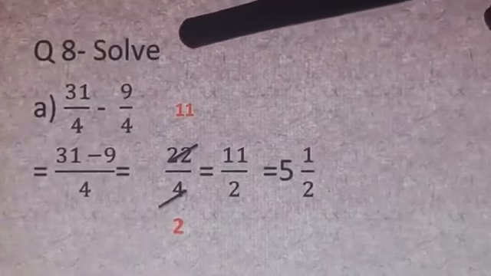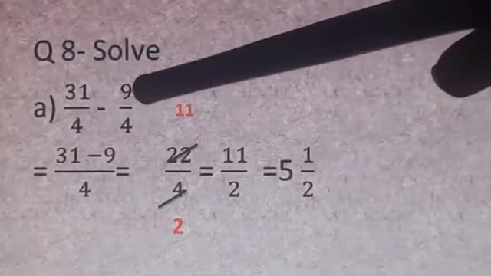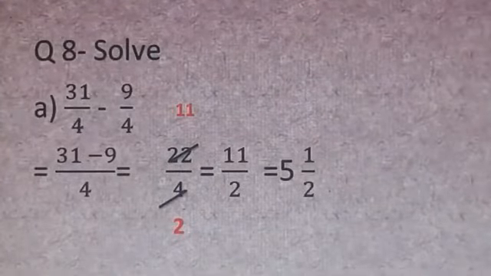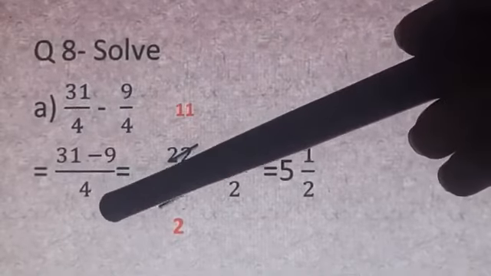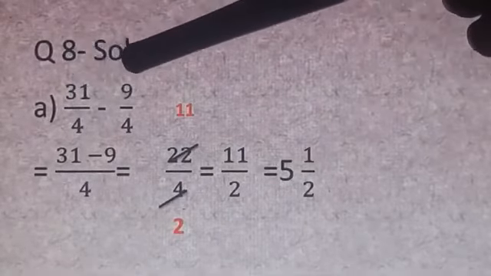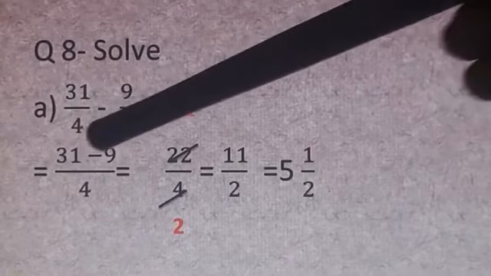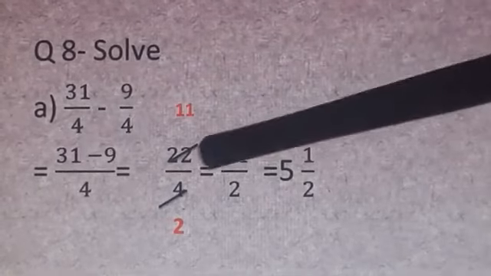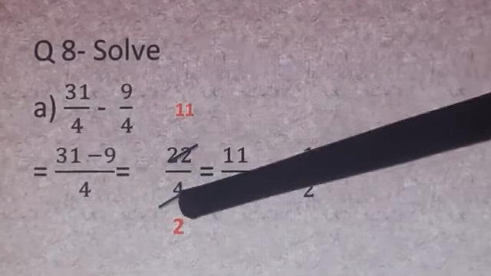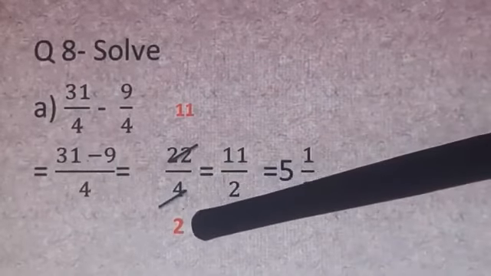Question number 8. Solve. A part: 31 upon 4 minus 9 upon 4. Denominators are same. LCM of 4 and 4 is 4 only. So directly we will do subtraction of numerators. 31 minus 9 will give you the answer 22. So denominator will also be written: 22 upon 4. Now see, cutting is there with 2.